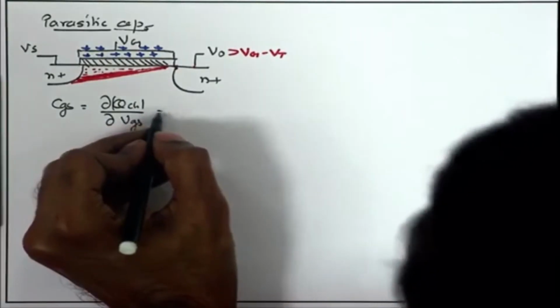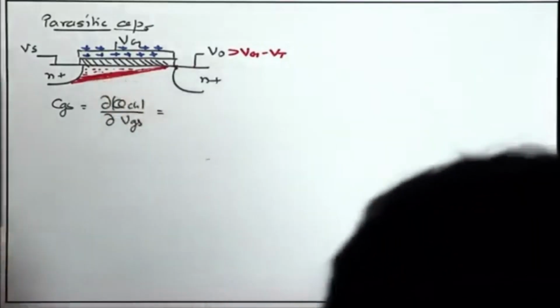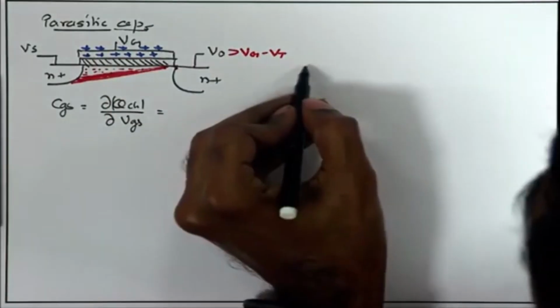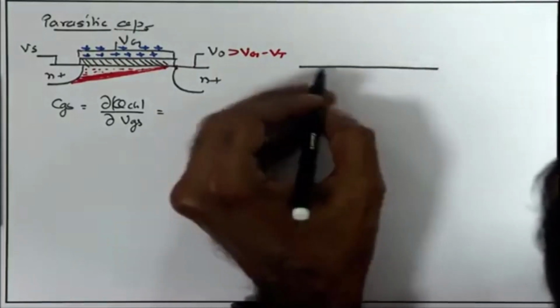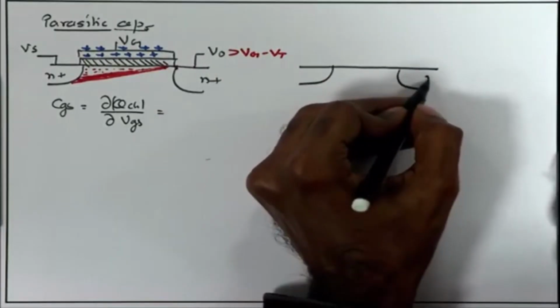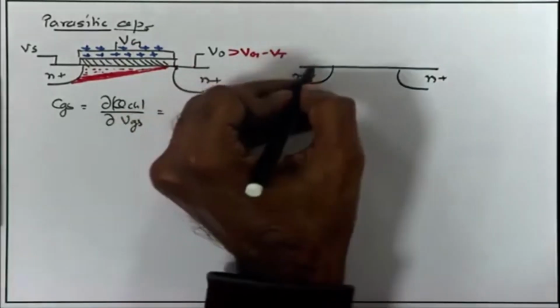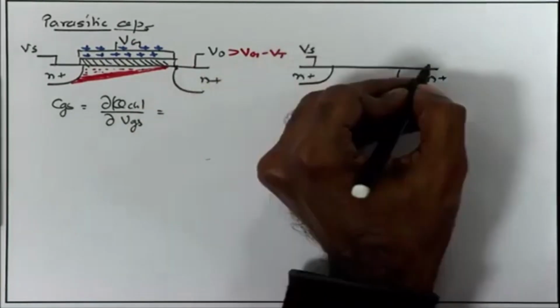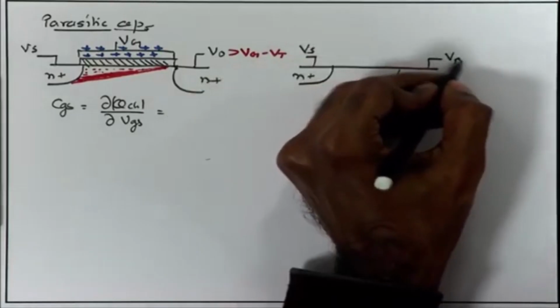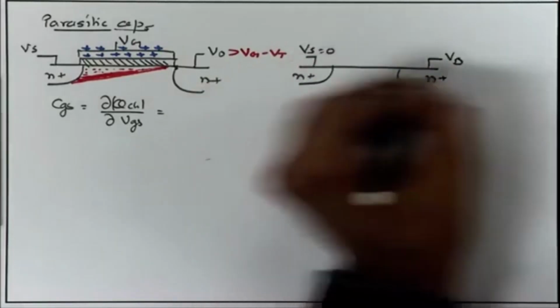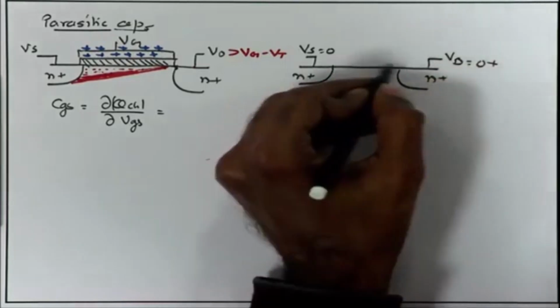Now, if we consider triode region operation, which is easier to understand from the point of view of device capacitances, the source and drain are at almost the same potential, both close. Suppose Vs is 0 and Vd is just a little bit positive.